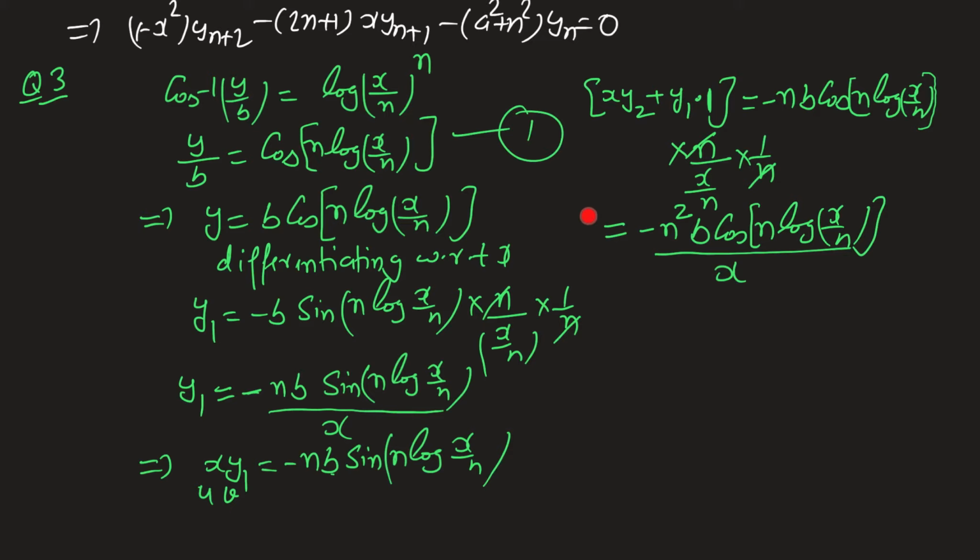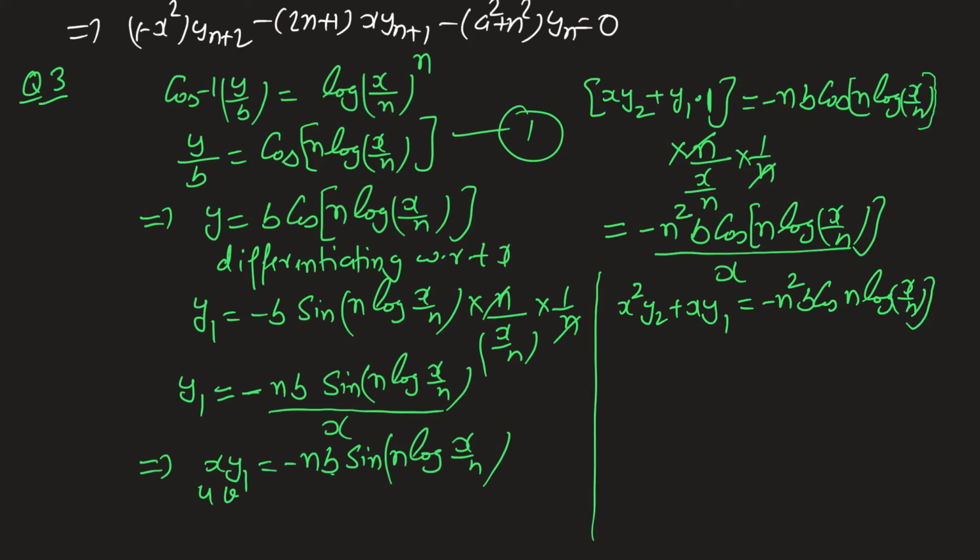So this will go and multiply with this one. So we are having x square y2 plus x y1 is equal to minus n square b cos (n log (x by n)).